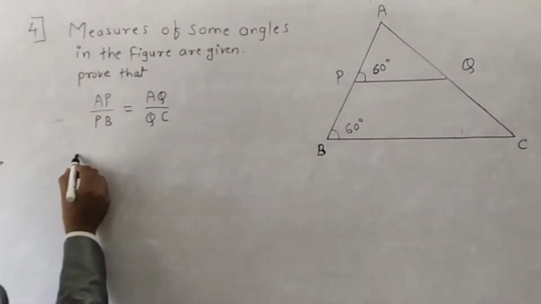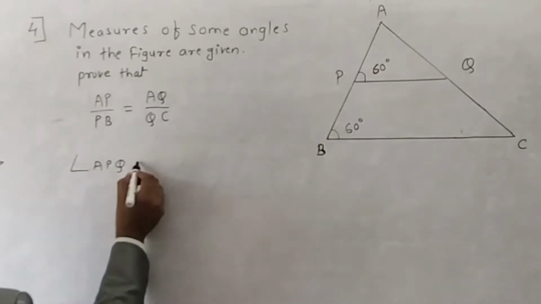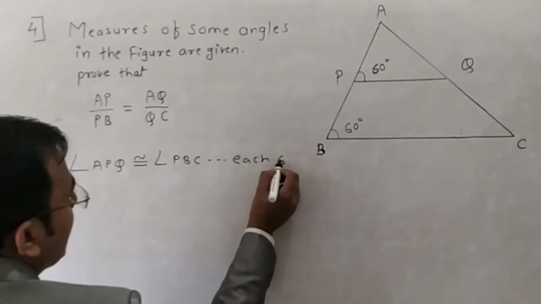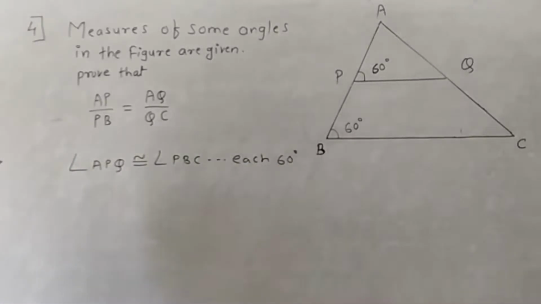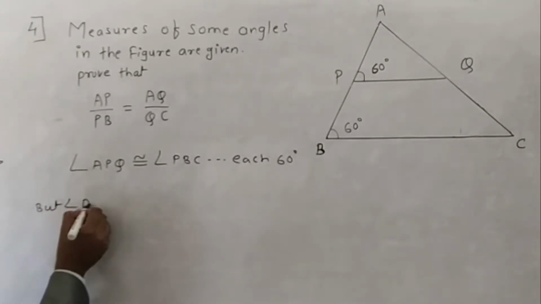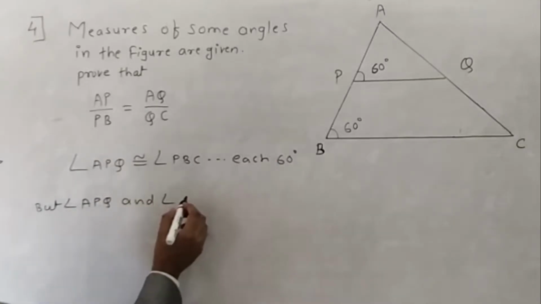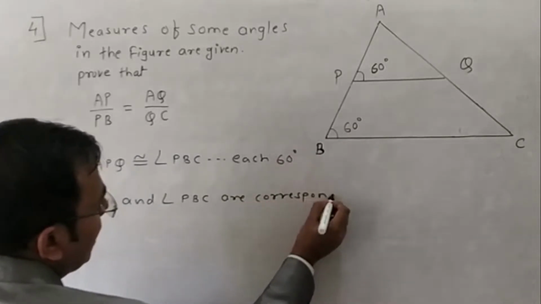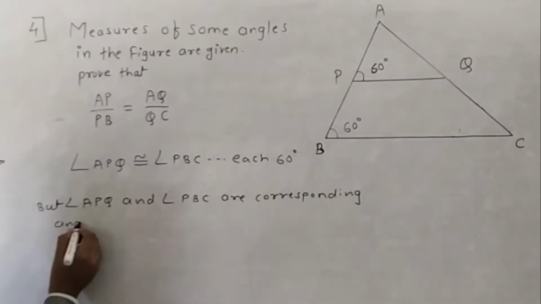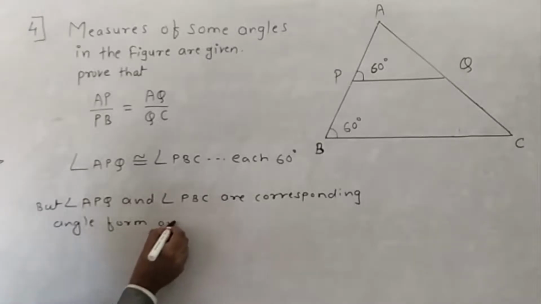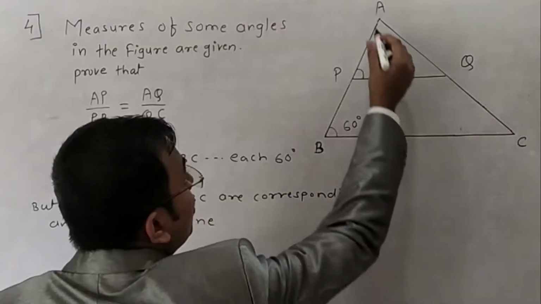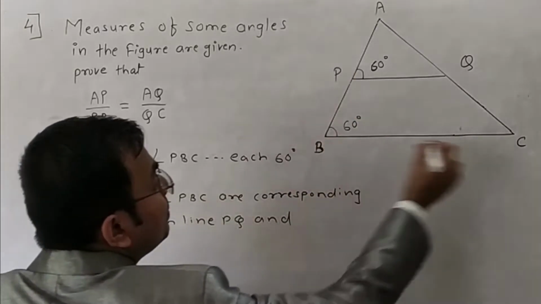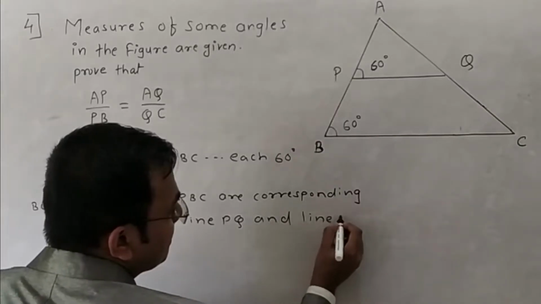So angle APQ is congruent to angle PBC, each 60 degrees, but angle APQ and angle PBC are corresponding angles formed on line PQ. Dekho, APQ is formed on line PQ, and angle PBC is formed on line BC respectively.